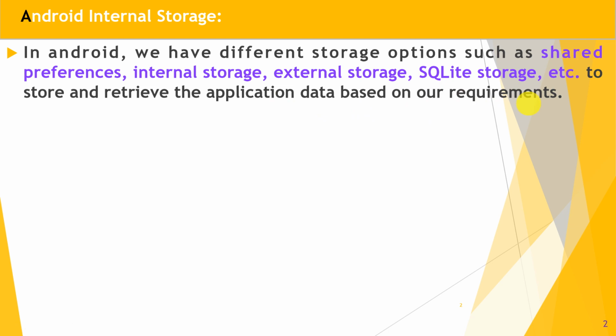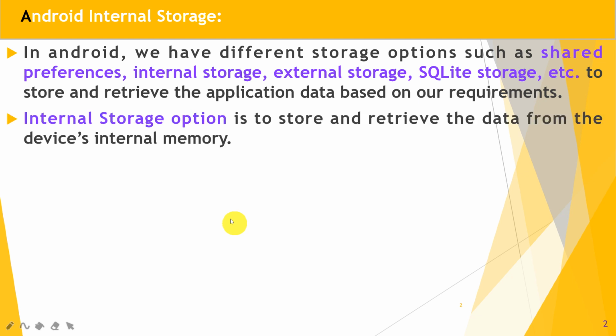In the previous lecture, we have already learned what is meant by shared preferences with a suitable example. In this lecture, we are going to learn internal storage with a suitable example. Mostly we learn internal storage with the example of file handling. Great guys, hope you understand.